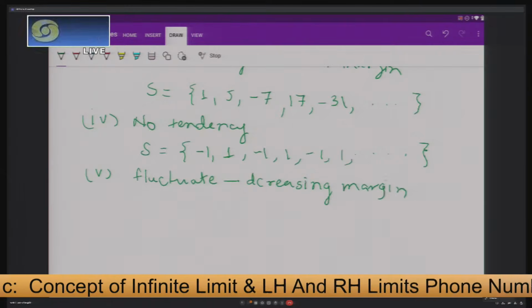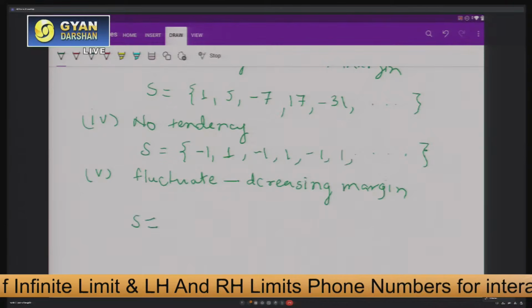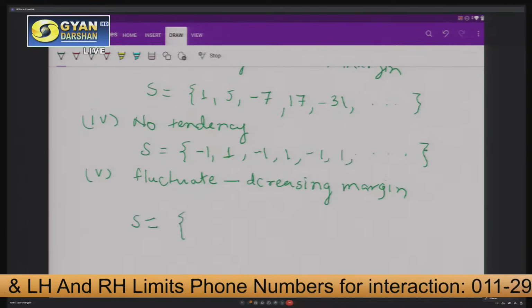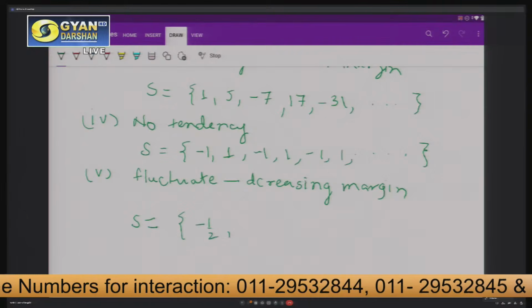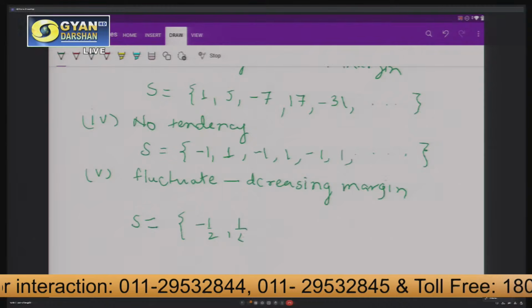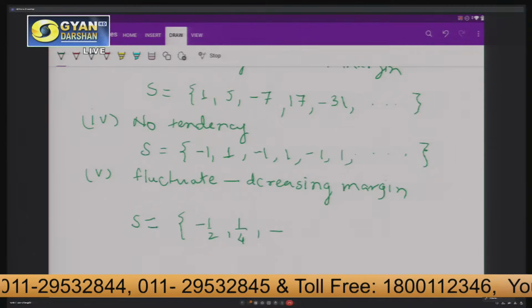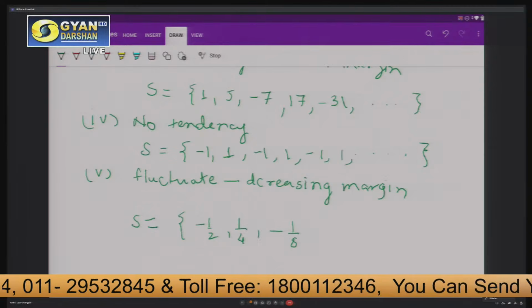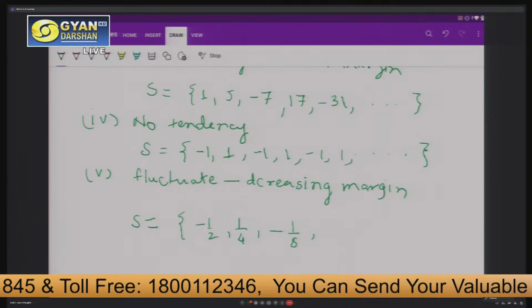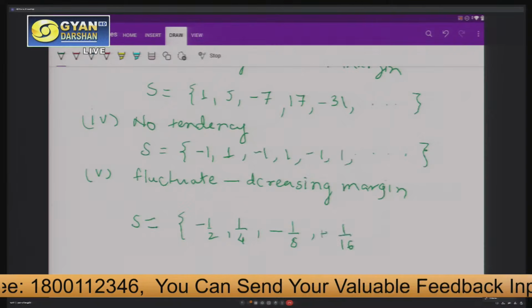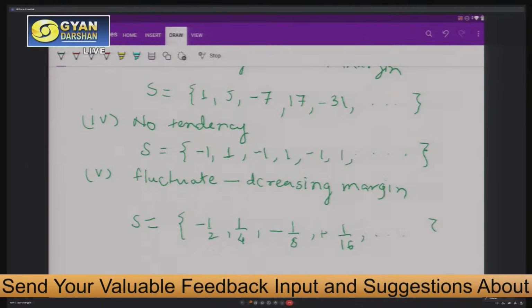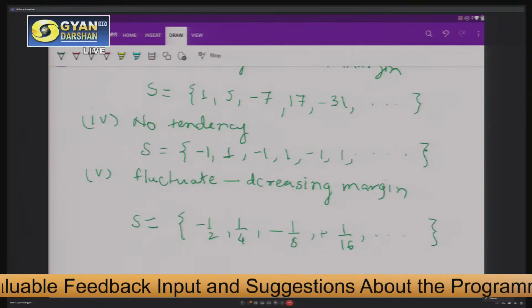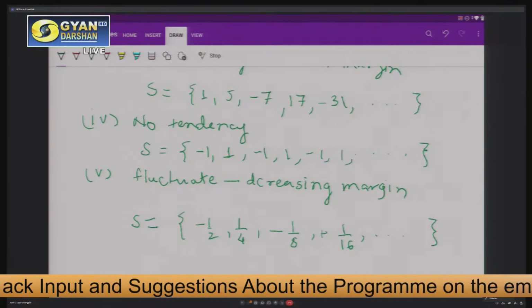So it may be minus 1 by 2, then plus 1 by 4, then minus 1 by 8, then plus 1 by 16, and so on. So they will reach to some finite value.